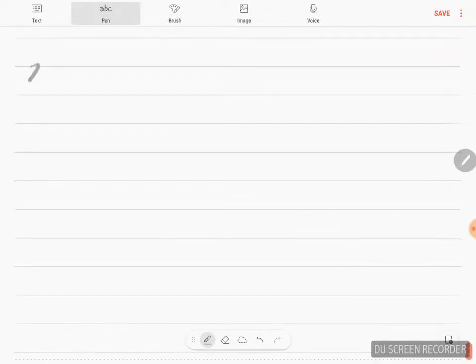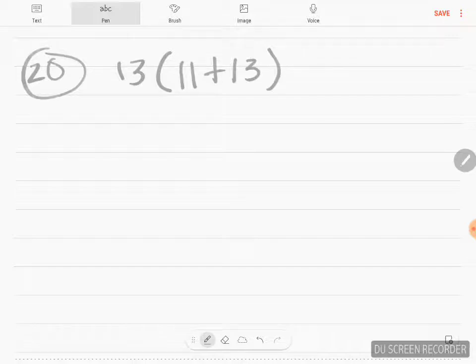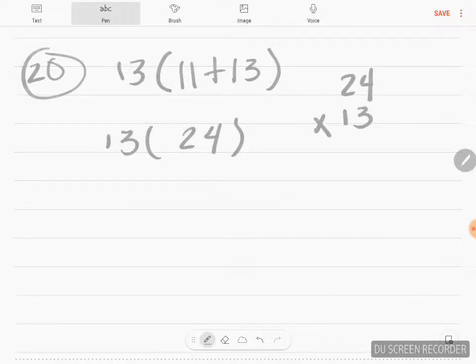All right, and we're left with the last one, which is 20. All right, please excuse dear Aunt Sally. So we must do our parentheses first. 11 plus 13 gives us 24. When we have parentheses next to a number, that means multiplication. 24 times 13. 4 times 3 is 12.